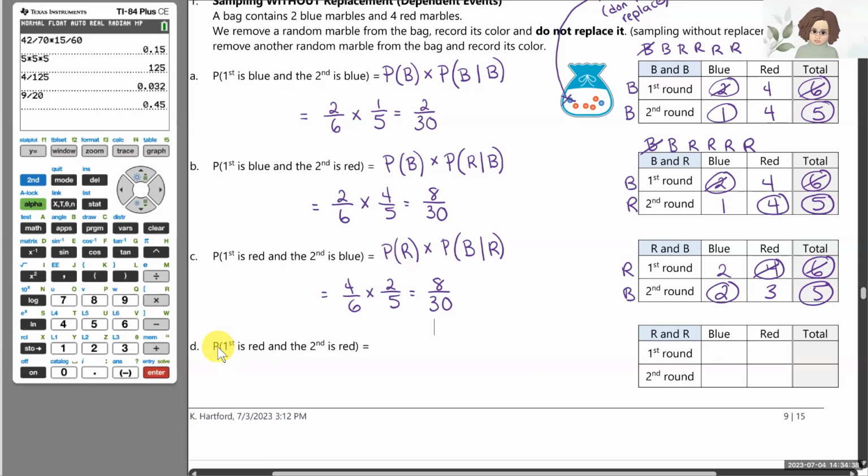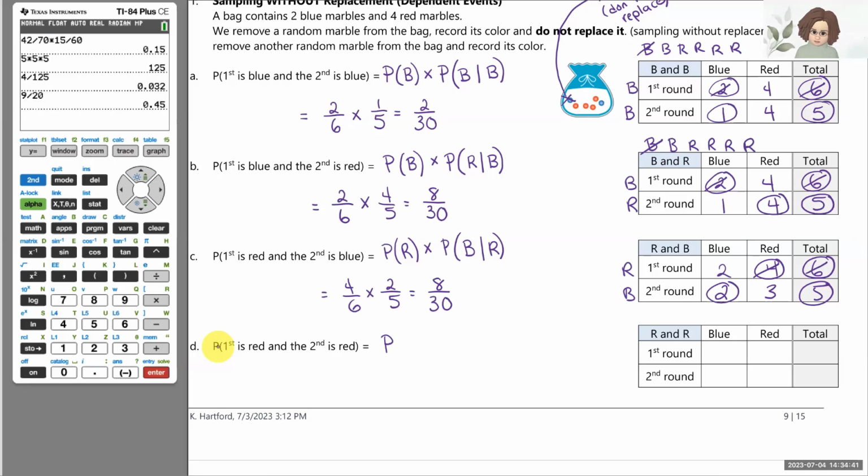So last one here, the probability that a red is first and then another red. So this would be probability of a red times the probability the second one is red, given that we just took out that first one that was red. All right, so I'm just going to note here that that vertical line is read as "given that." You can think of it as knowing that something just happened. So the beginning point 2, 4, 6.